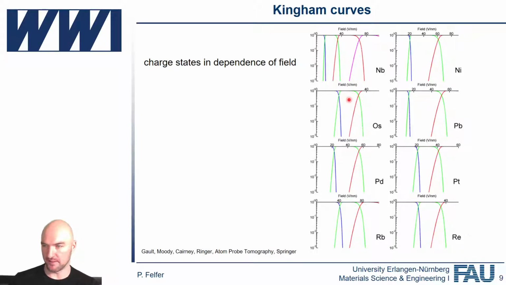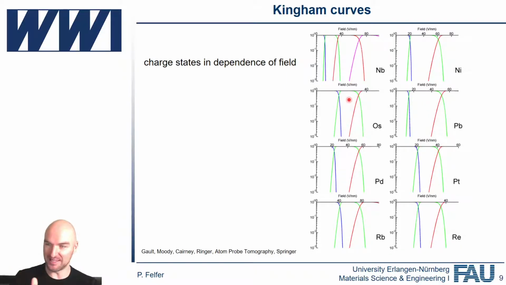But this is sort of the hint why, if you use laser atom probe, for example, you see 1 plus and 2 plus charge states. Whereas if you do voltage atom probe on the same material, you might just see 1 plus. Sorry, that was the wrong way around.